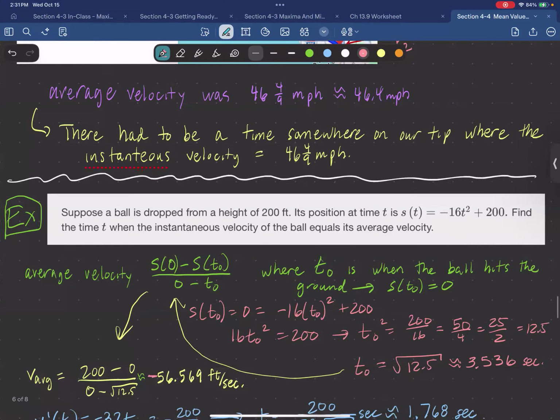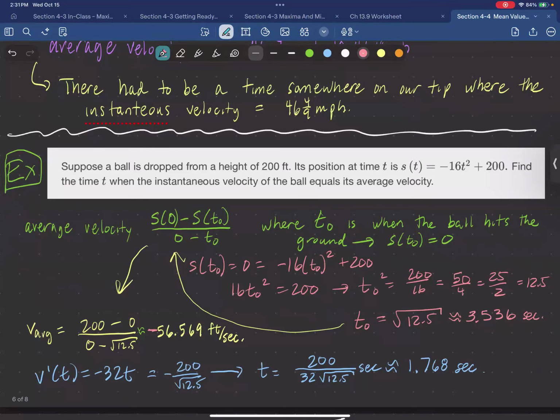So where does that happen? I remember to put the negative here. We want to find where the instantaneous velocity equals the same thing. Instantaneous velocity is when we take the derivative. So what is the derivative of s of t?